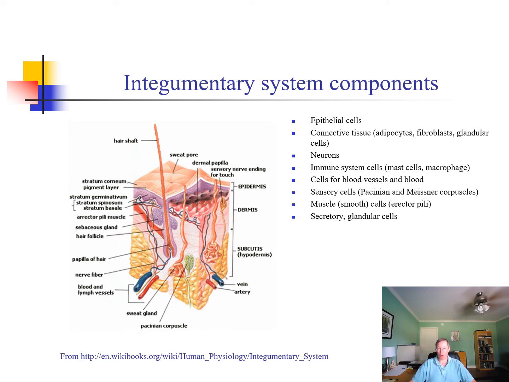There are also nerves and blood vessels in there, as well as glandular tissues that will secrete the sweat that we have. We have many different types of immune cells in there, particularly mast cells and macrophages. And in the lower layer, the subcutaneous layer, we have additional cells.